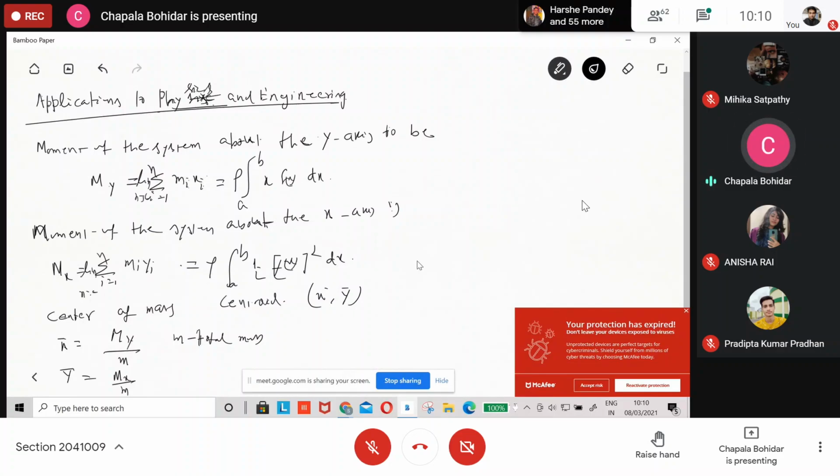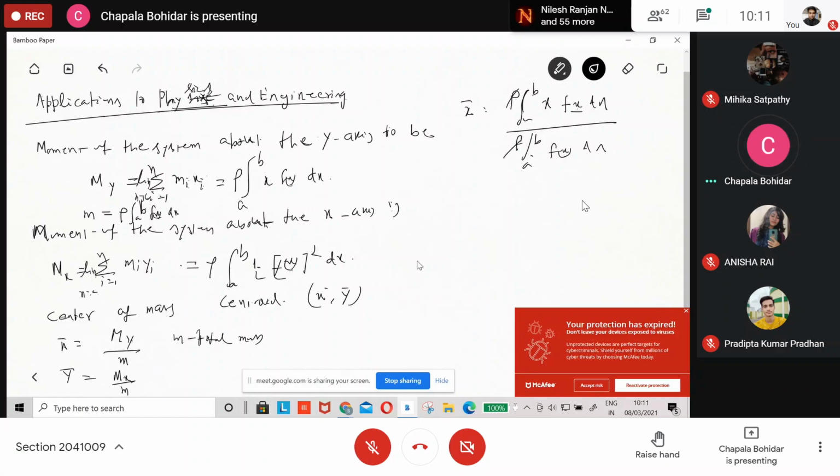Now here, this is in the integration form. If limit n tends to infinity, I can write down x bar is equal to rho integration a to b x f(x) dx divided by m, which is rho into integration a to b f(x) dx. So rho cancels out.